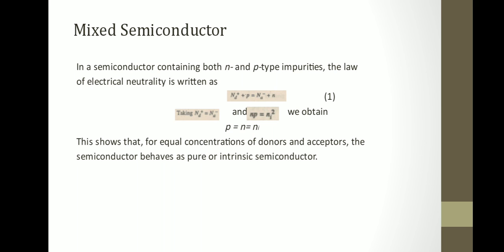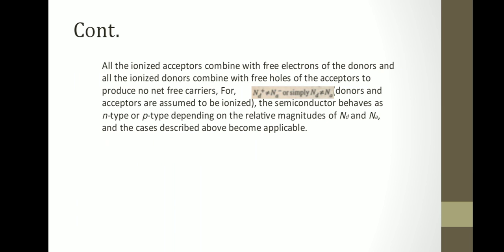Taking Nd plus equal to Na negative and np equal to Ni square, we obtain p is equal to n is equal to Ni. This shows that for equal concentrations of donors and acceptors, the semiconductor behaves as a pure or intrinsic semiconductor. All the ionized acceptors combine with free electrons of the donors, and all the ionized donors combine with free holes of the acceptors to produce no net free carriers.